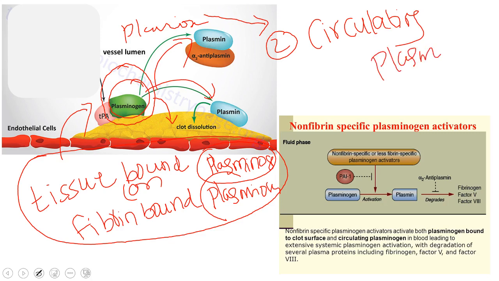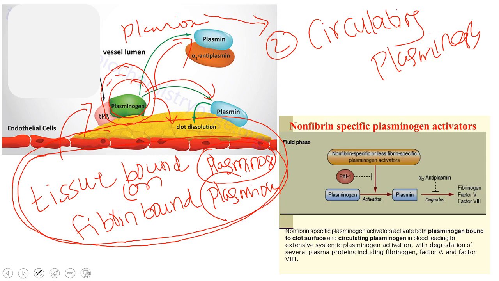There are certain thrombolytics which are specific to tissue bound plasminogen, which means if you administer the specific thrombolytics, then they cause conversion of plasminogen to plasmin only at the site where the thrombi is located.